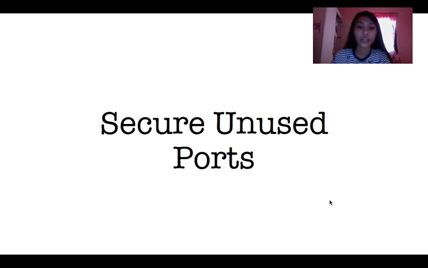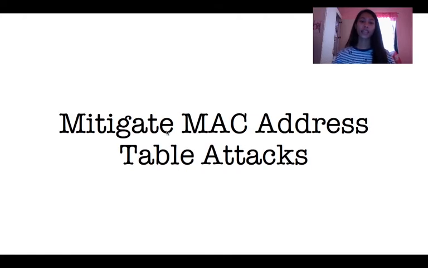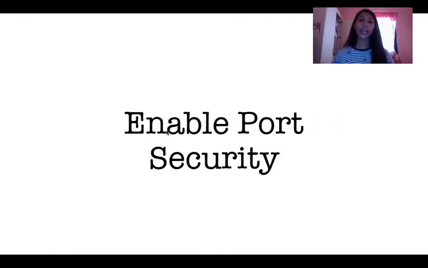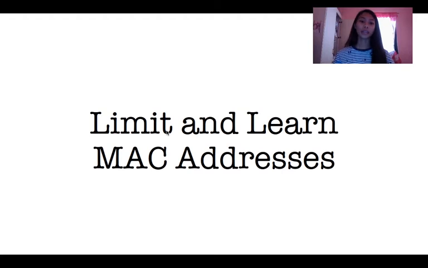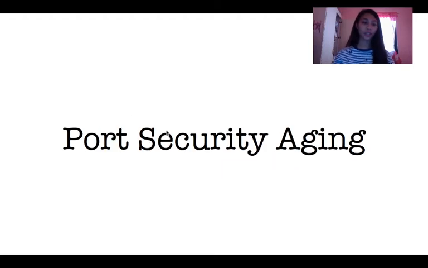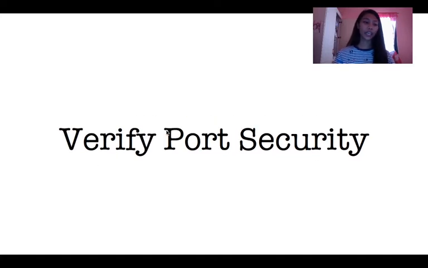In our secure unused ports, layer 2 devices are considered to be the weakest link in the company's security infrastructure. Then, we have mitigate MAC address table attacks, enable port security, limit and learn MAC addresses, port security aging, port security violation modes, and our verify port security.